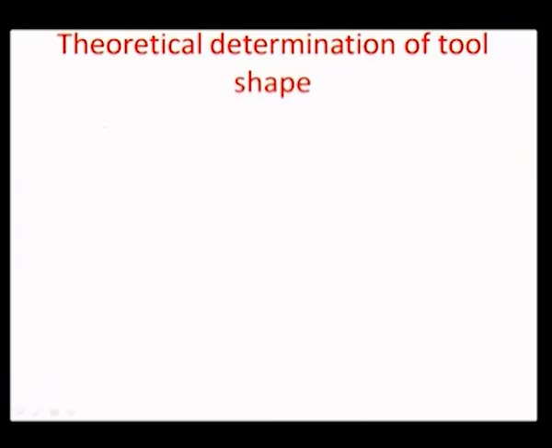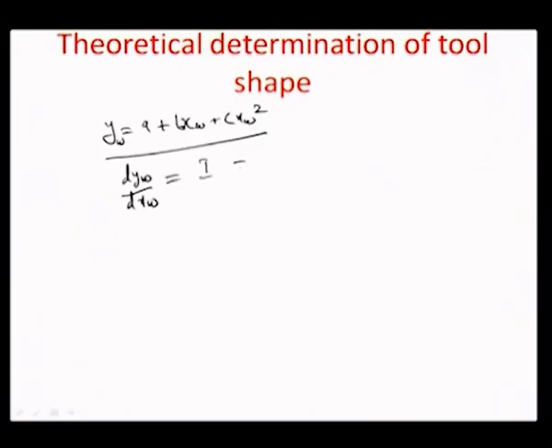Let us suppose that there is a function y on the workpiece surface which is related to x by the quadratic equation a plus b xw plus c xw square. Now we want to map from the workpiece surface into the tool surface. So we first find out what dyw by dxw is. Let this be equal to some value I, which can be represented as b plus twice cxw.